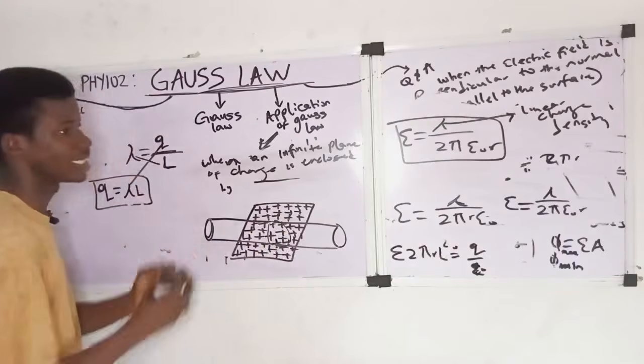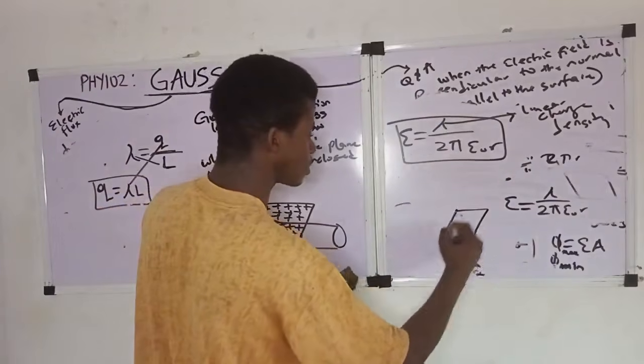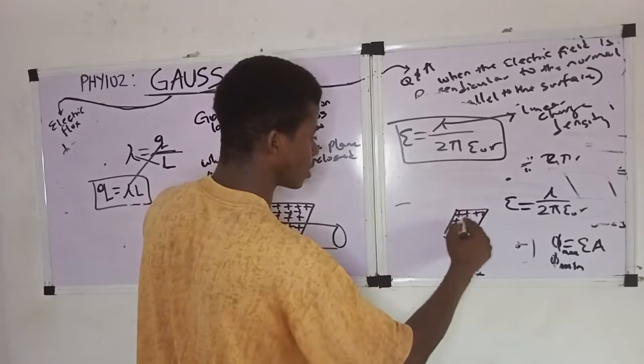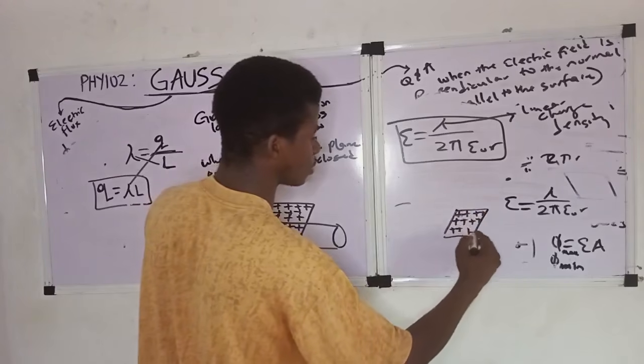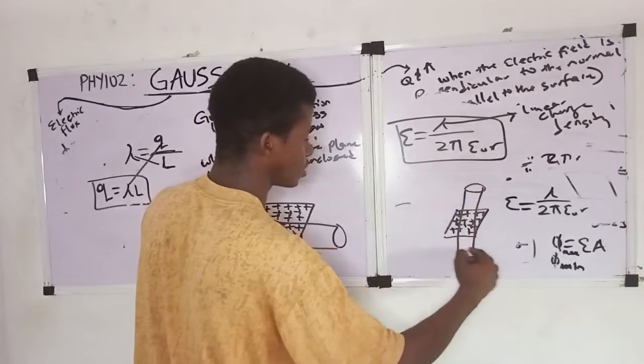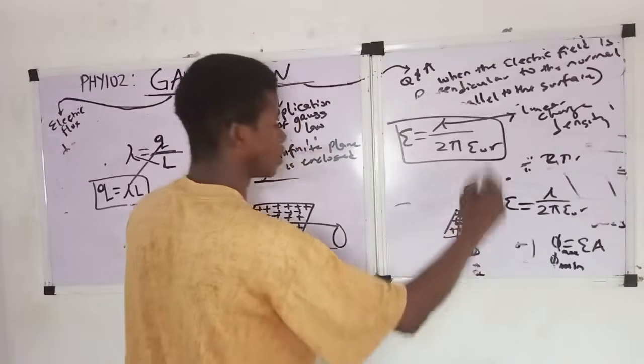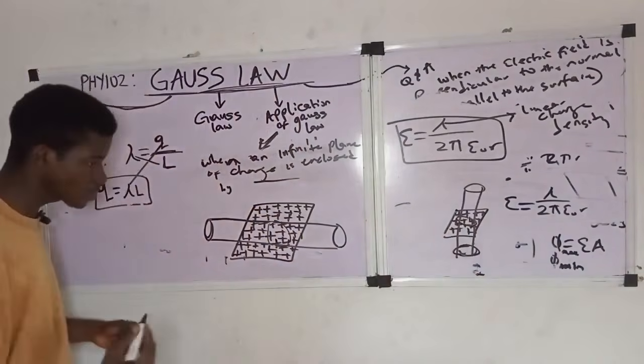It can also be something like this. We can also use a cylinder like this, so there will just be a particular part enclosed.